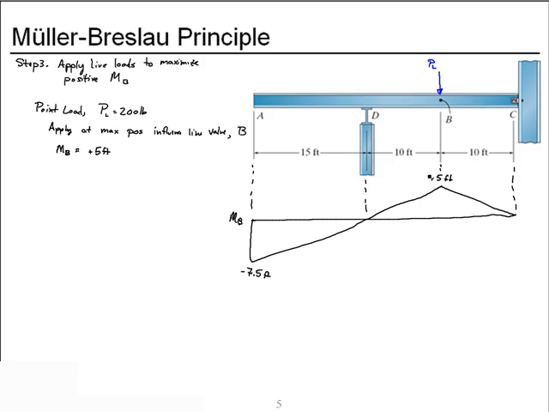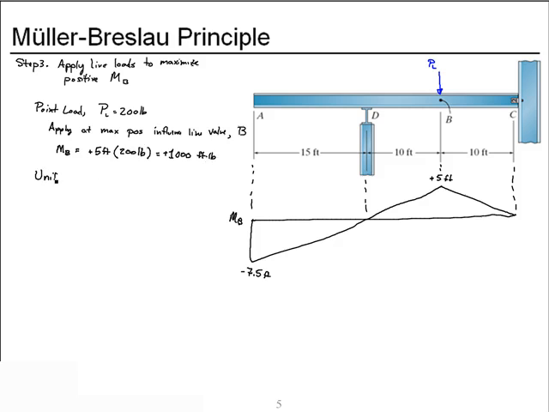So we take our positive value at B times the magnitude of the live load, 200 pounds, for a total live load moment of 1,000 foot-pounds due to the point load.